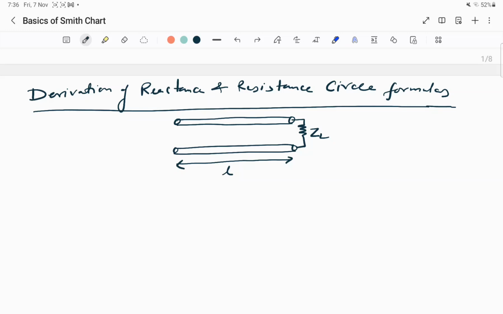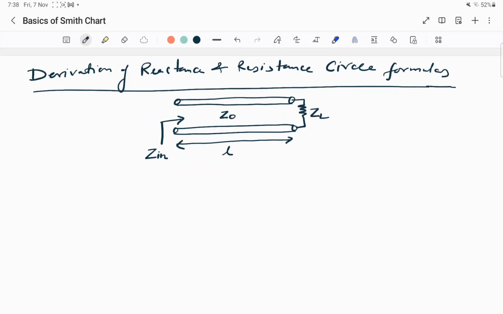And we look into the transmission line, let us say from this point, and we want to find the input impedance Zin. Let us assume that the transmission line has a characteristic impedance of Z0. This is the basic framework behind which all the questions of Smith chart arise. Okay, alright. Now let us start with the derivation.